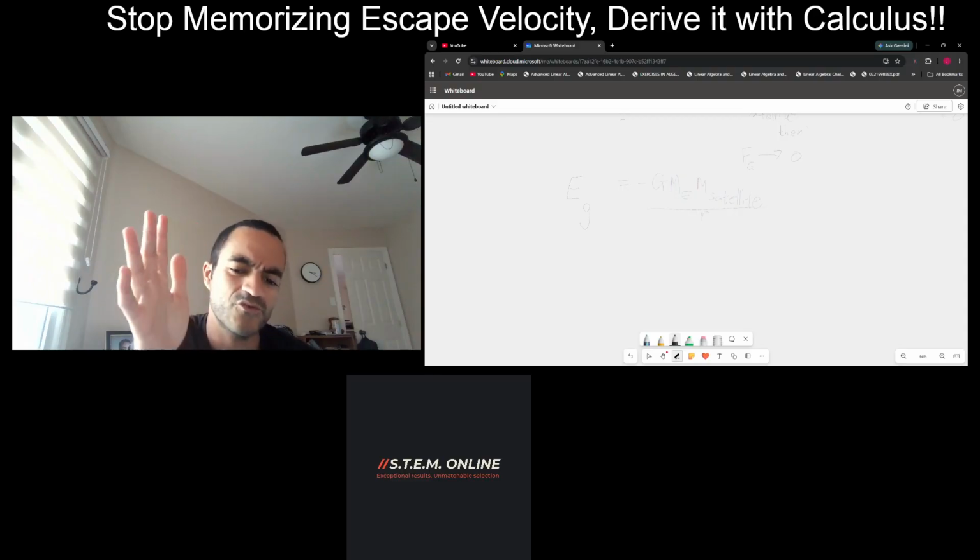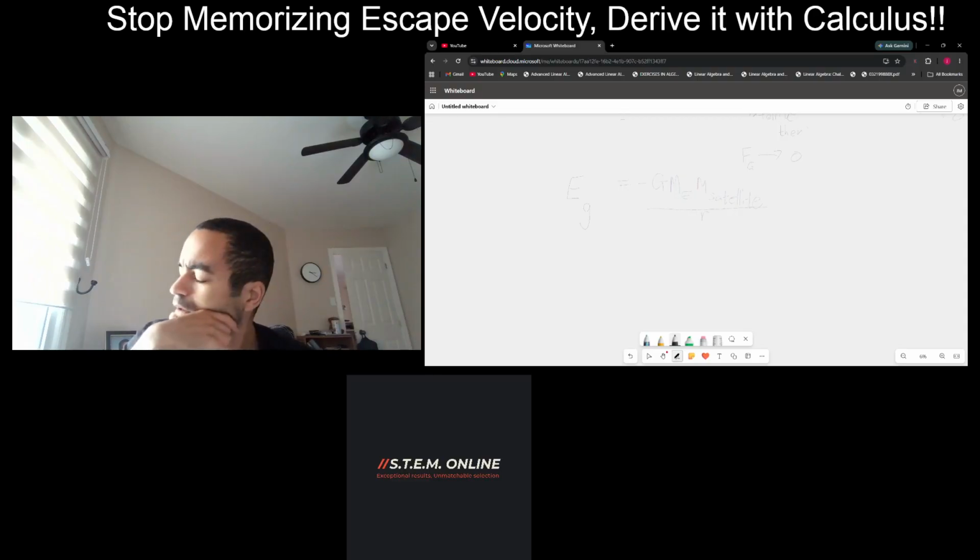So the gravitational potential energy will be equal to the kinetic energy. In order for the object to launch from the surface of Earth in the first place, it had to move at velocity v. Since it moves at velocity v, it has kinetic energy equal to 1/2 mv squared, and that has to be equal to the gravitational potential energy just before it stops in deep space.